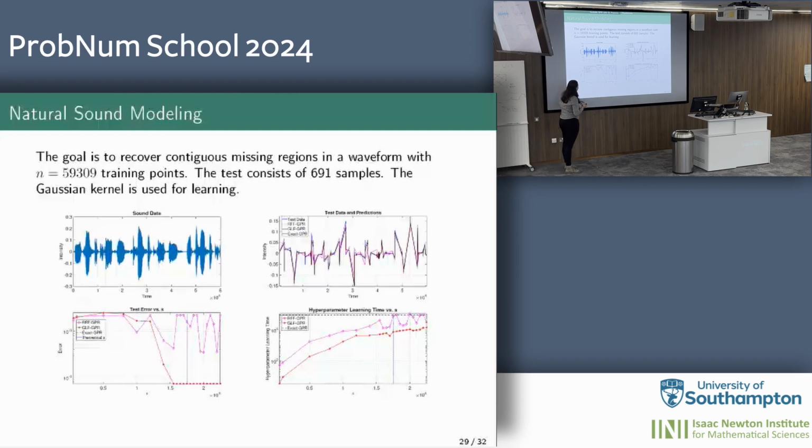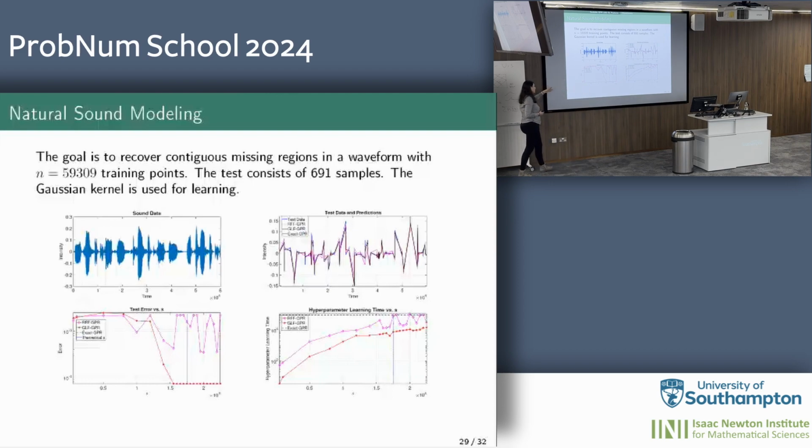So here in the top right plot, you can see all the methods compared to each other. And again, the red line, which is our method, is exactly on the method without any approximation, right? You can see the real benefit here in the errors and the learning time graphs.